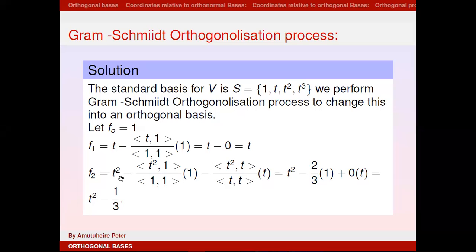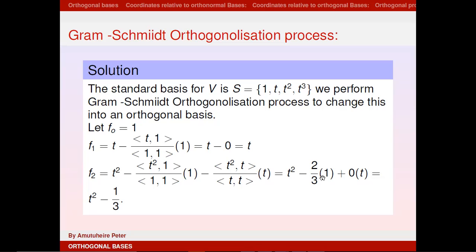So that is t squared minus the inner product of t squared and 1, divided by the inner product of 1 and 1, then times 1, which is f0, minus the inner product of t squared and t, divided by the inner product of t and t, then times f1, which is t.